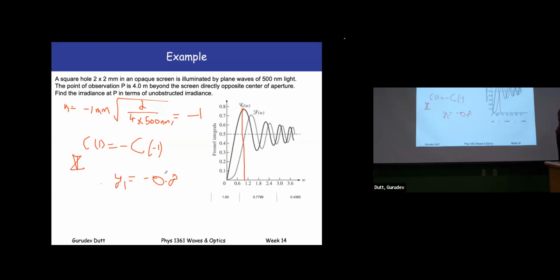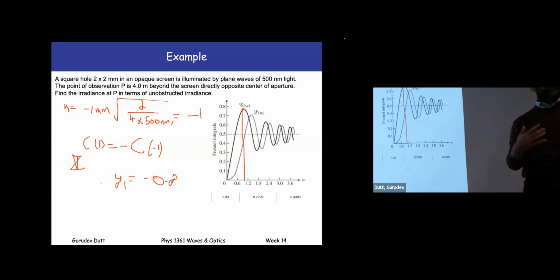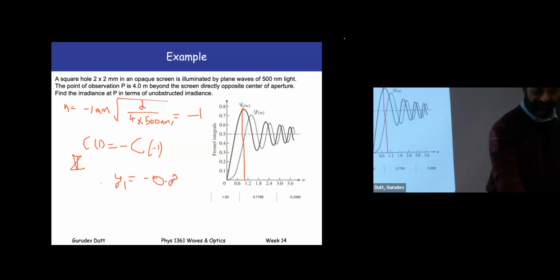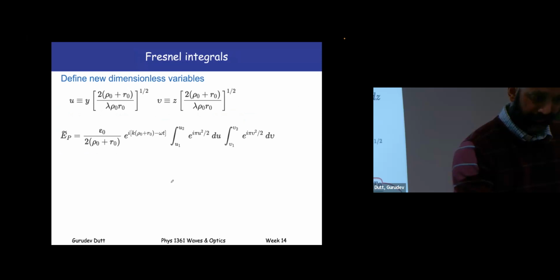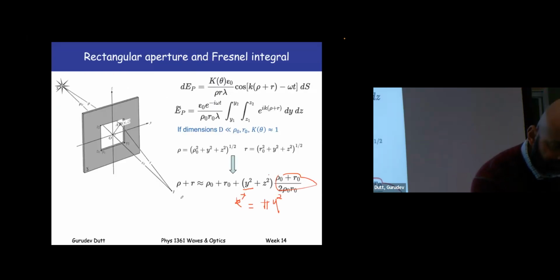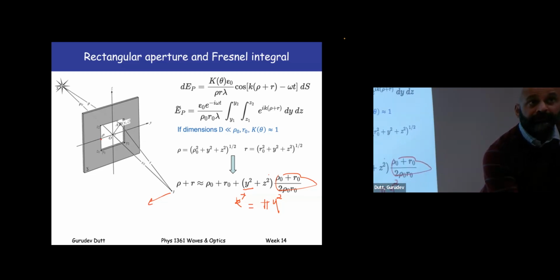So if y1 goes as minus 0.8, meaning I moved a little bit to the left, then the y1 term in this aperture, if I show you the drawing, right here. If I move to the left over here, then the limit of the integration, instead of being earlier minus 1, is going to become minus 0.8.